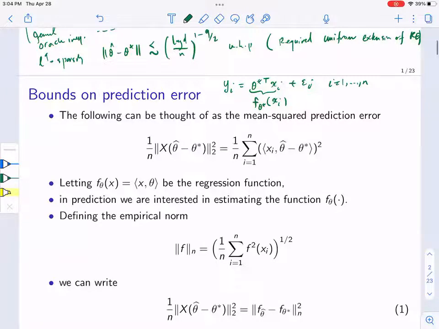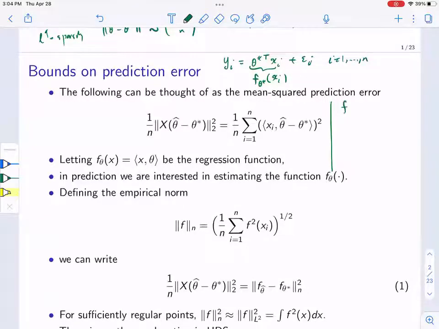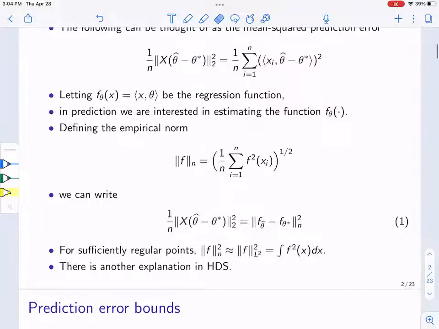So if you have an estimate, and you define this norm, this is called the empirical norm of a function. If you look at the empirical norm of an estimate, this is basically 1 over n summation i from 1 to n, of f_theta hat of x_i minus f_theta star of x_i, squared.